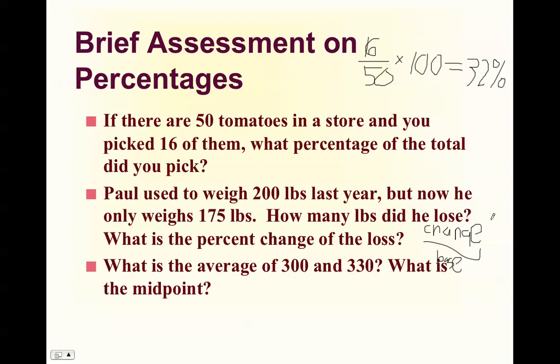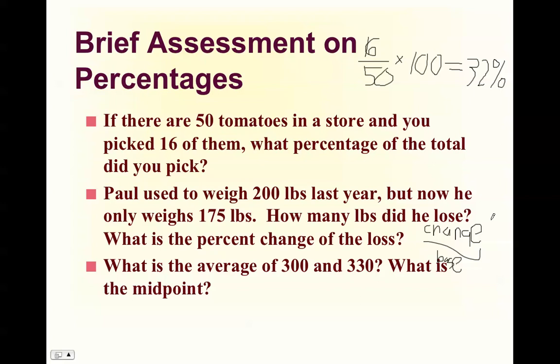Okay, number 3, what is the average between 300 and 330? So think about that for a second. And hopefully you guessed 315. And you can figure that out by adding 300 and 330, which gives you 630. Divide that by 2 because you have two numbers there, and you get 315.